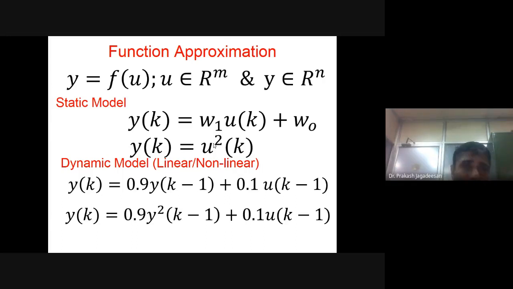If the sensor output is corrupted by noise, we have to design a suitable filter. We have to cull out the measurement noise. Or sometimes there could be some problems in the sensors.